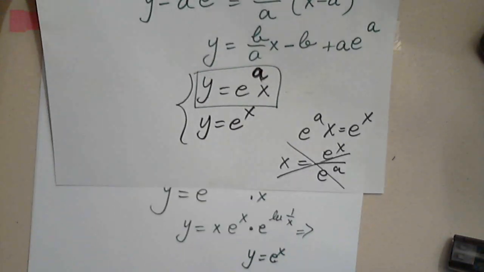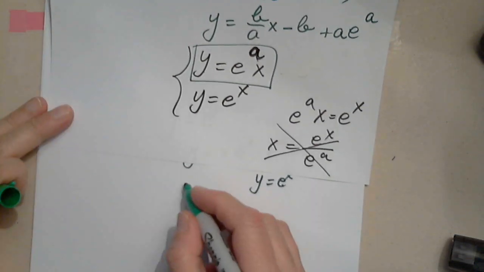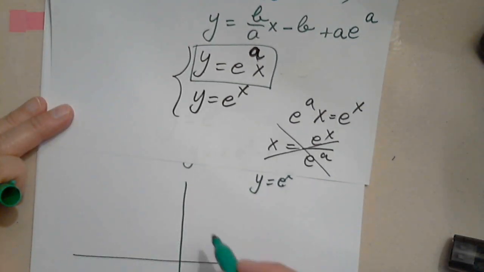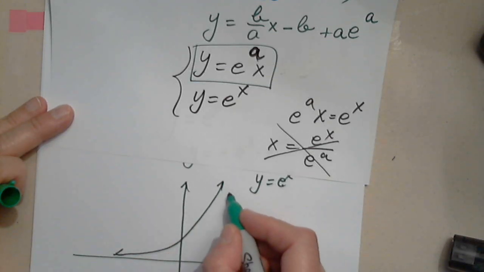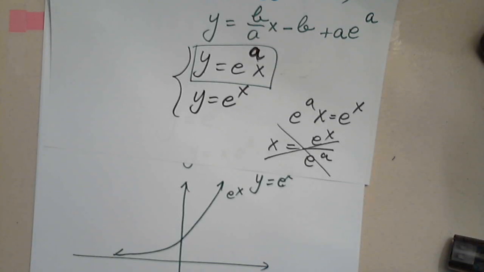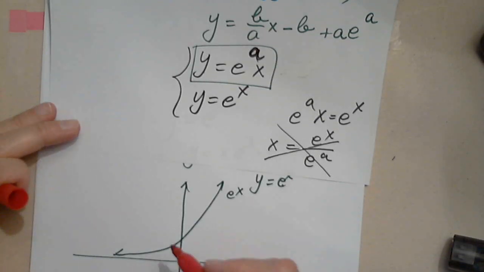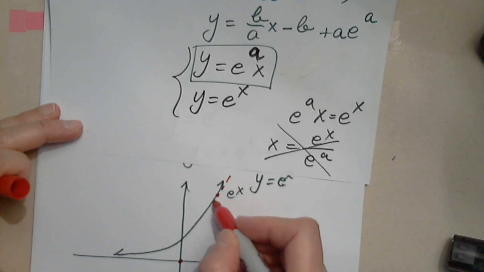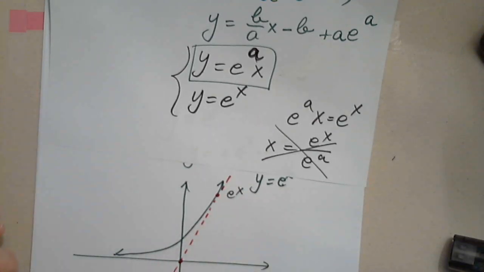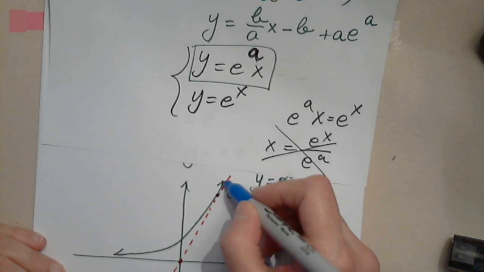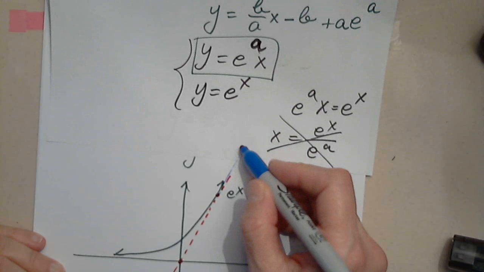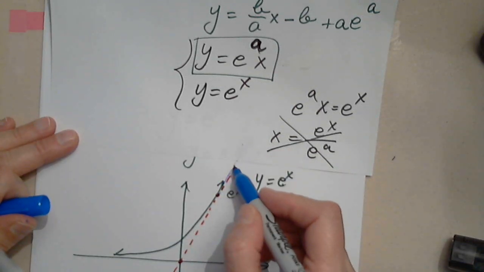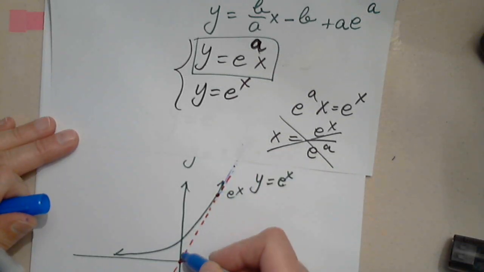Which really means, I want to graph this for a second. This is e to the x, and it's asking us to find, at this point, this is the tangent. Now this continues. So at this point, I will have a different tangent.